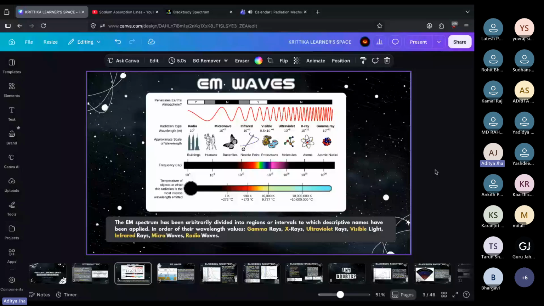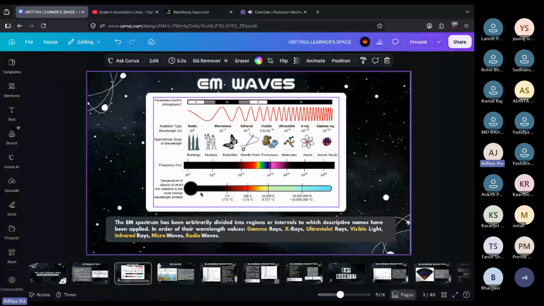We were talking about the different types of EM waves that depend on their wavelengths: radio, microwave, infrared, visible light, ultraviolet rays, X-rays, and gamma rays. There's another interesting property that we will talk about in the upcoming slides: the temperature of the objects at which this radiation is the most intense wavelength emitted. When you try to study the spectrum of any source, there's a particular wavelength for which you'll receive the maximum intensity rays, and that also depends on temperature.